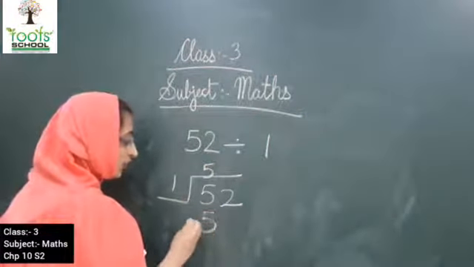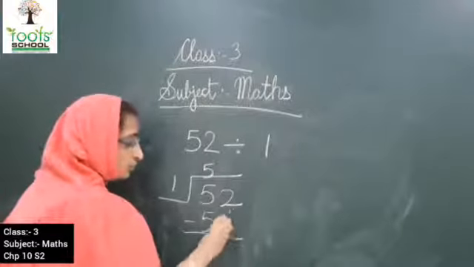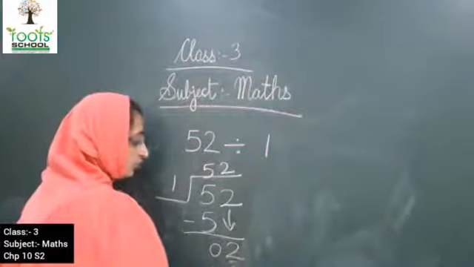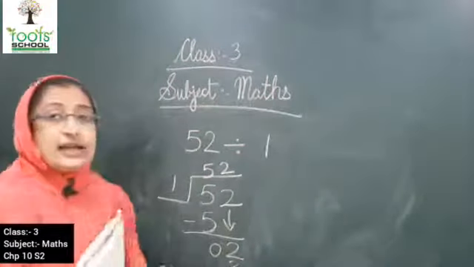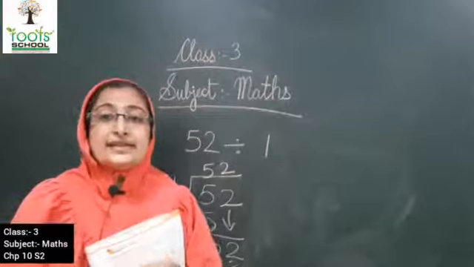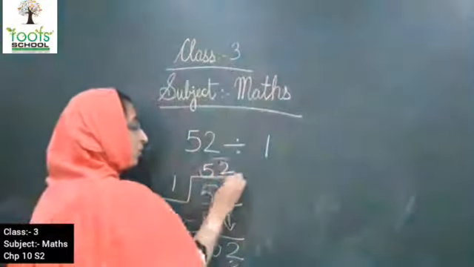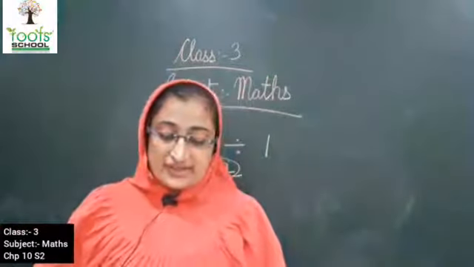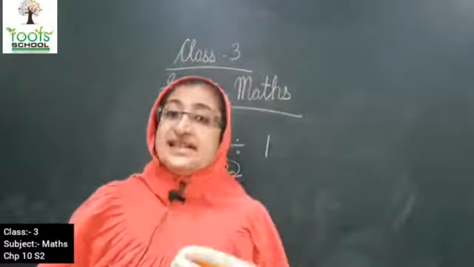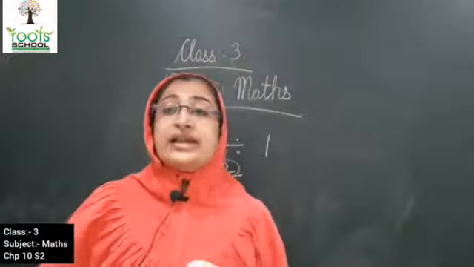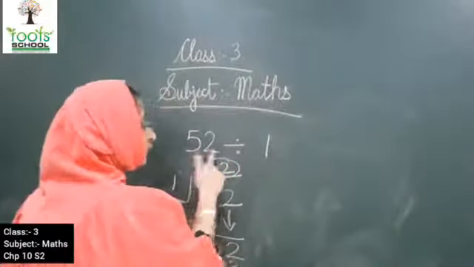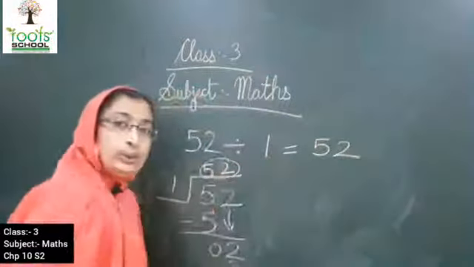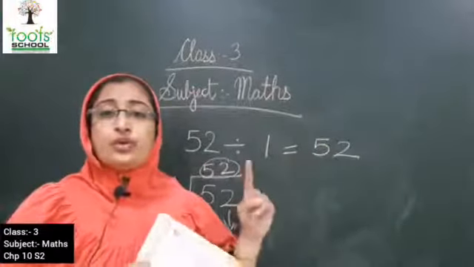So here you write 5 and 0. Then 2 you bring down. 1 2s are 2. So kids, when you divide a number by 1, any number divided by 1 is equal to the number itself. So here 52 divided by 1 is equal to 52.